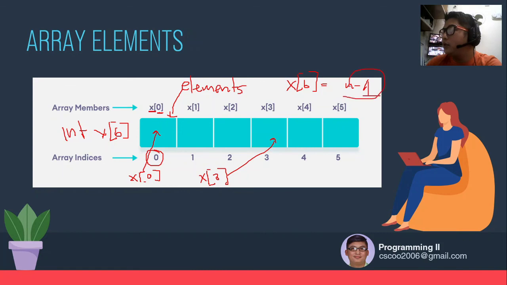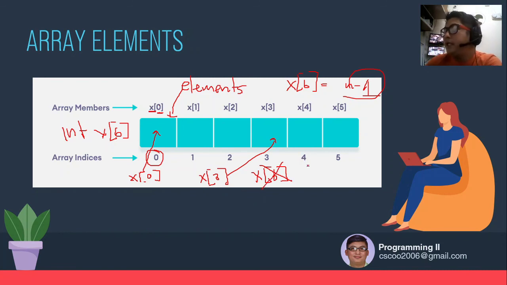Why? Because an array starts at 0. Although the size is always 6, we always start at 0. Okay? I hope it's clear. So that's why when you call x[6], this is out of bounds. Why?